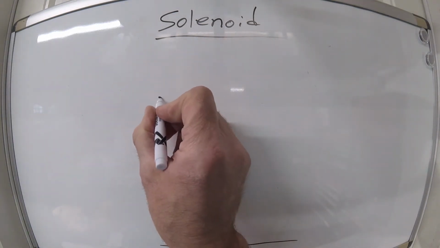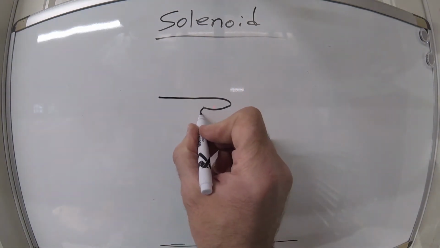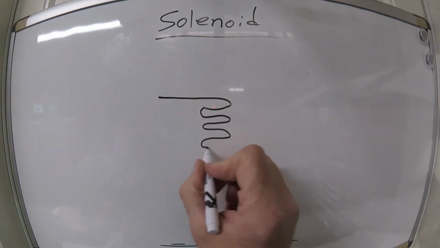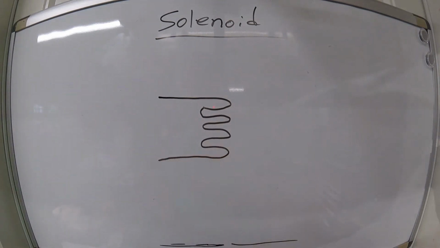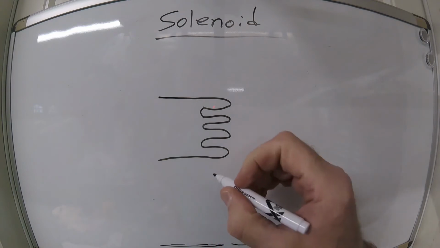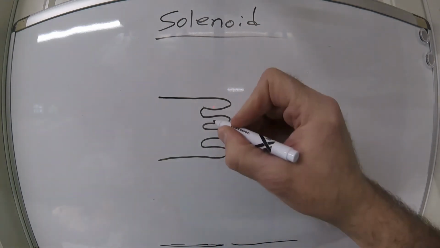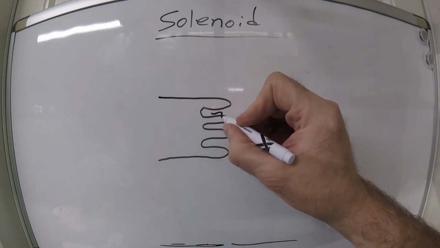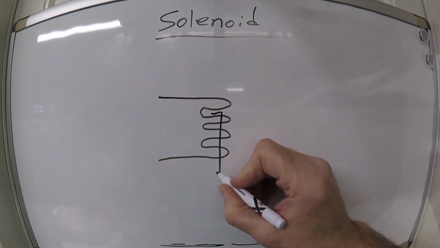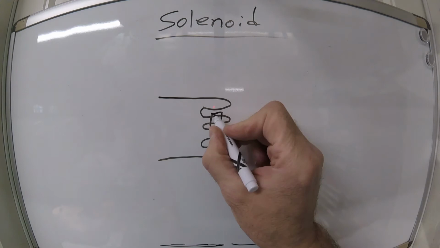Let me just draw a coil here. I'm not great at drawing. Okay. And this is our coil. And in the center, let's say we have an iron bar.